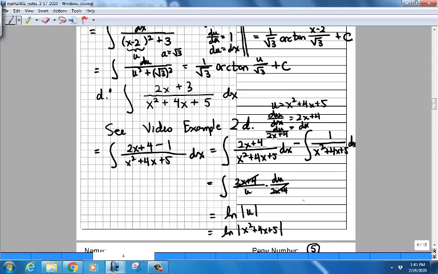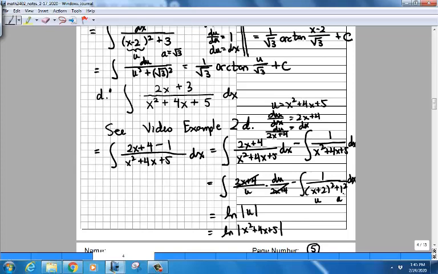So I think most people completed the square here properly and got that this is 1 over x plus 2 squared plus 1 squared, right? Once you finish completing the square. And now you can let u be x plus 2, and the a is going to be 1.